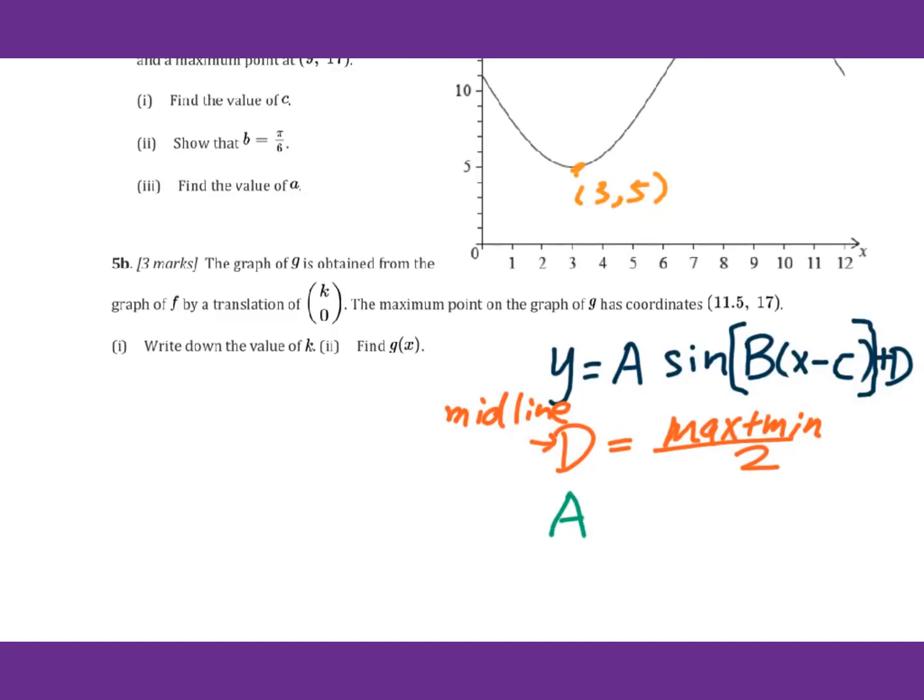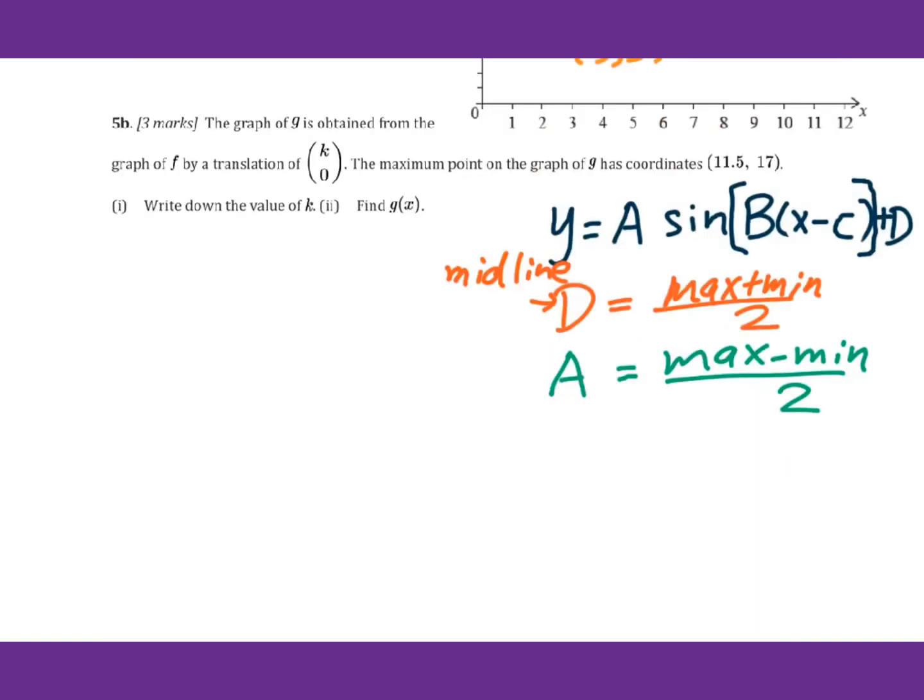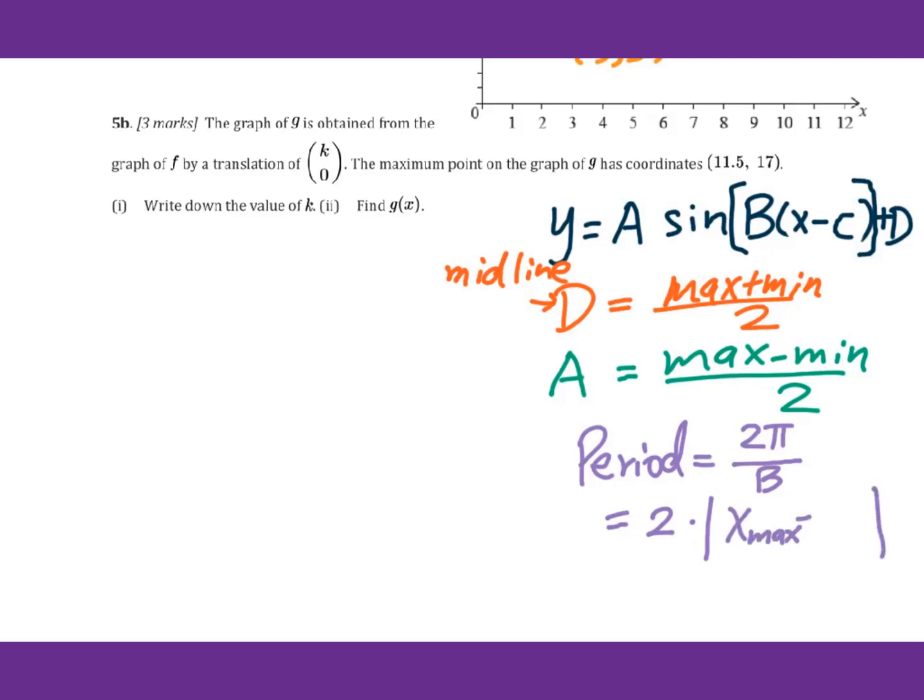For a, we call this an amplitude, equals maximum minus minimum over 2. For period, that equals 2 pi over b. And also we can use 2 times the x maximum minus x minimum, we do absolute value, then you times 2.